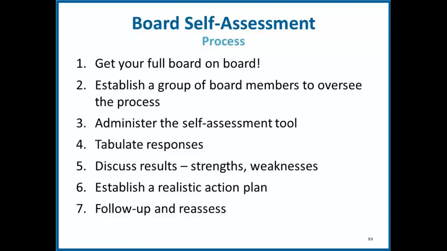Also, if you're experiencing a lot of micromanagement by the board, a self-assessment can help step back and refocus on what we need to be focusing on. If you're hearing repeated grumbling about the need for new board members, a self-assessment may be good. Those are some times when you might think it's good to do a board self-assessment.